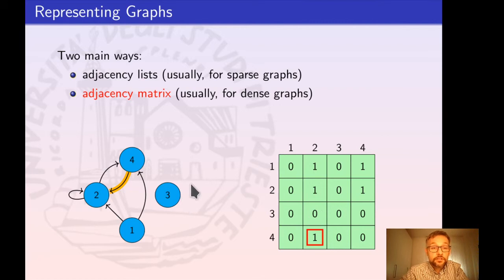So 3 is totally disconnected from all the other nodes of the graph. And what about the fourth row, which represents the node number 4? Well, from 4 I can reach the node 2, and this is the case.